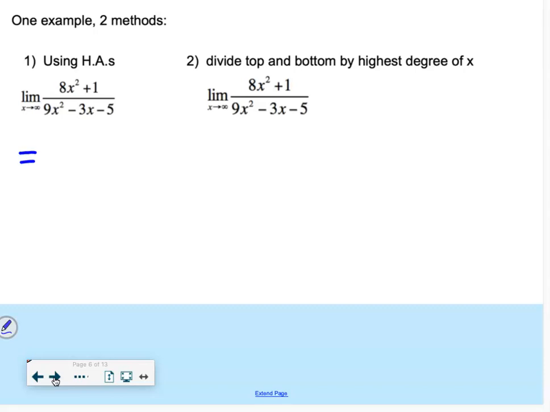Let's see, Keegan. Take a look at this first one. What's the degree of the top? 2. What's the degree of the bottom? 2. Are they the same? Yeah. So what's our limit? 8 ninths. We nailed it, right? Okay, 8 ninths. Does everyone agree?